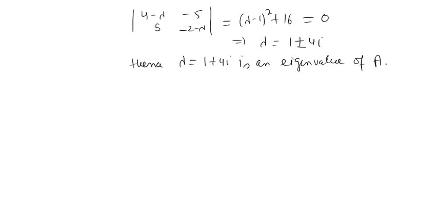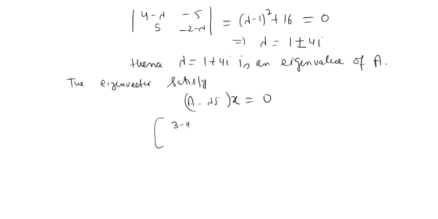The corresponding eigenvector satisfies A minus lambda I times x equal to 0. Just put lambda equal to 1 plus 4 iota in A minus lambda I. This is 3 minus 4 iota, minus 5, 5, minus 3 minus 4 iota.